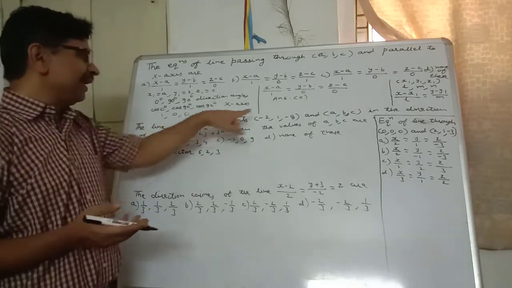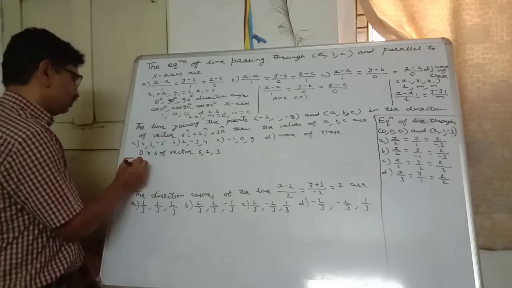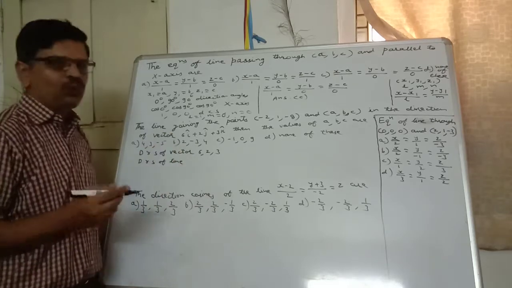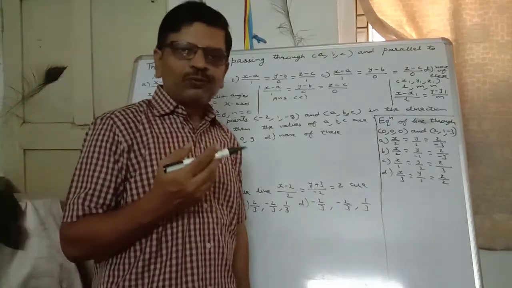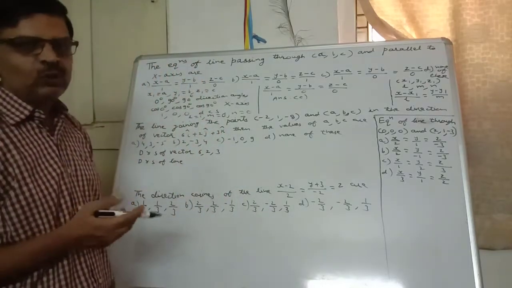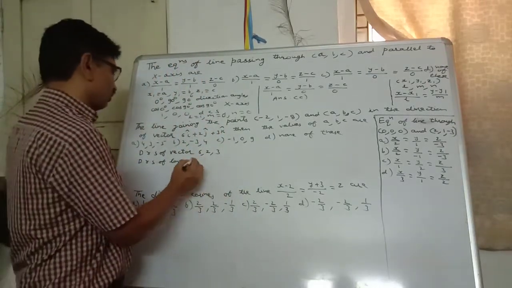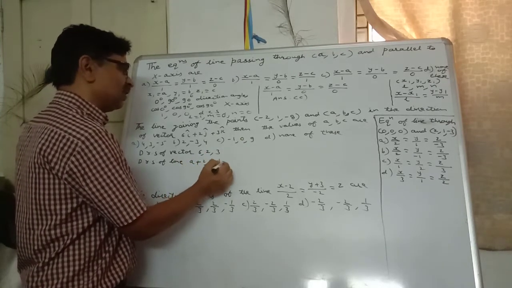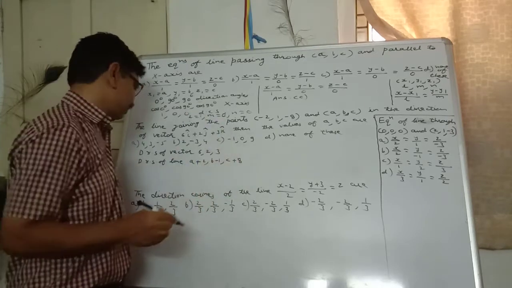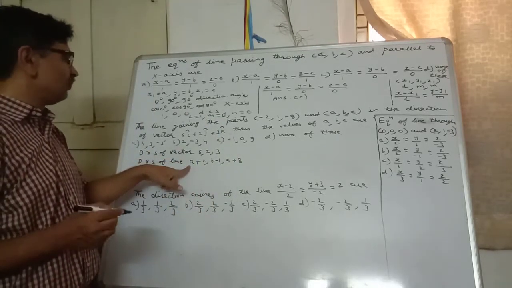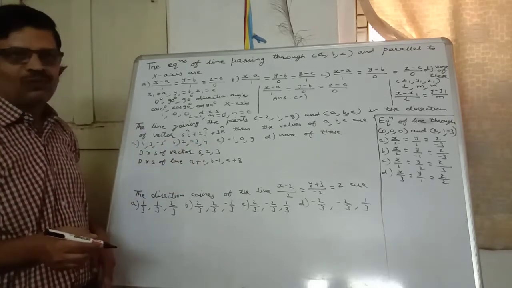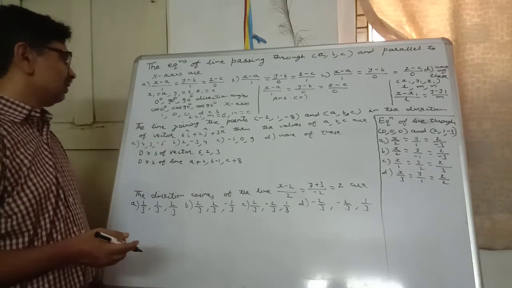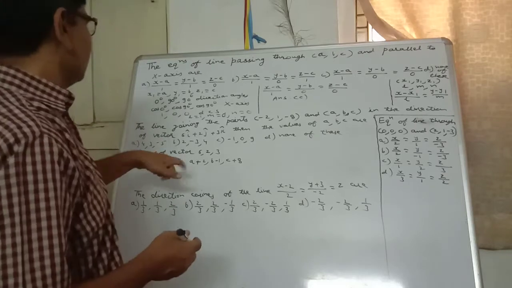So we have to find the direction ratios of the line. Coordinates of 2 points are given. The difference between corresponding coordinates gives the direction ratios: a minus (-2), b minus 1, c minus (-a). So these are the direction ratios of the given line. These are the direction ratios of the vector, and as their direction is the same, the direction ratios are the same.